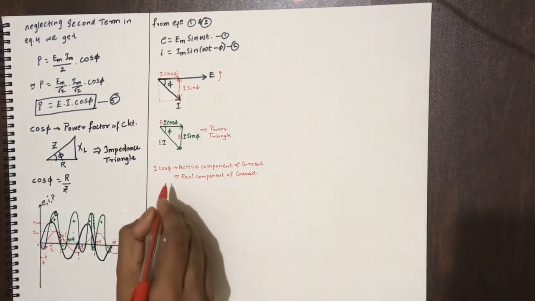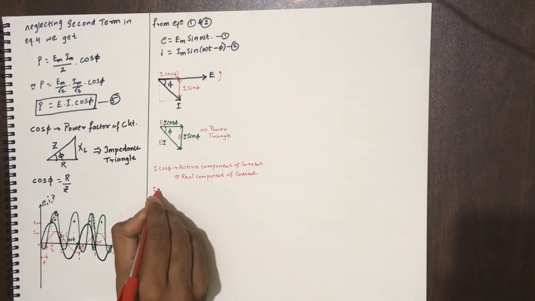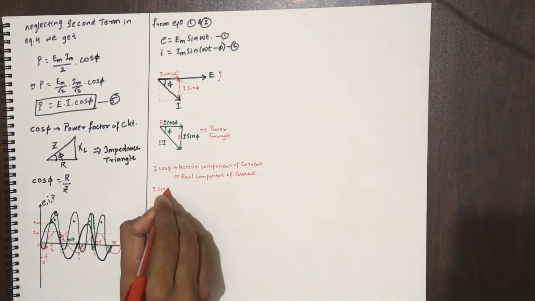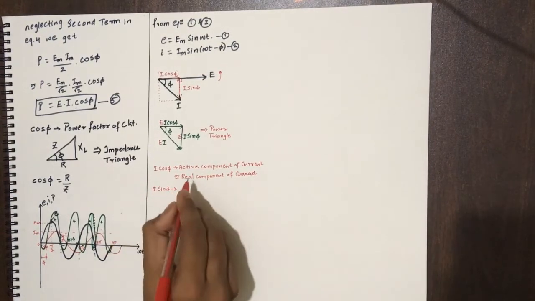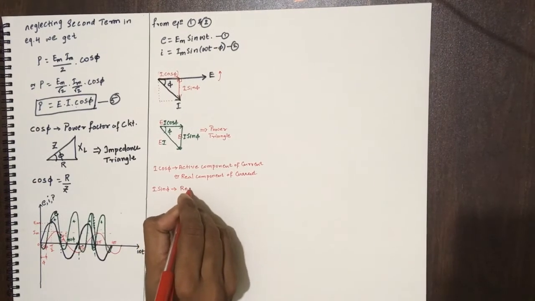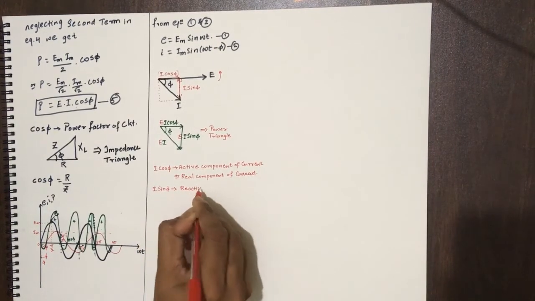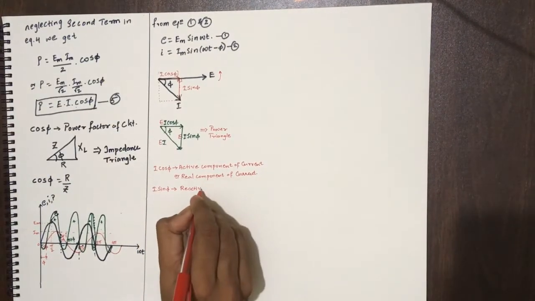Hence, I sin phi is known as the reactive component of current, because it is due to the reactance of the circuit.